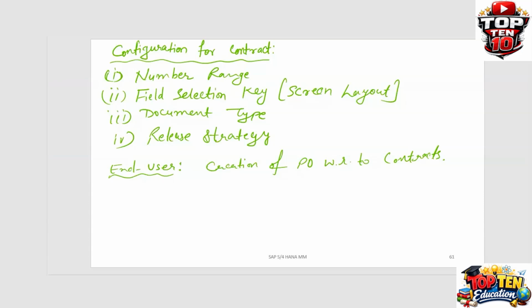Only do one thing: select the document type, then go to, where? Go to the outline, Agreement. Enter quantities.